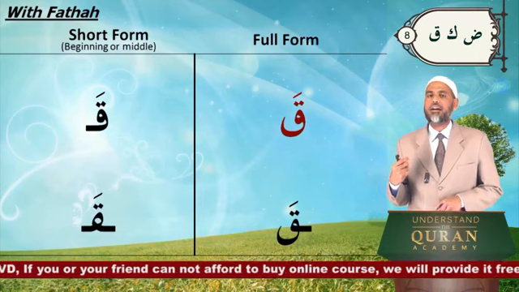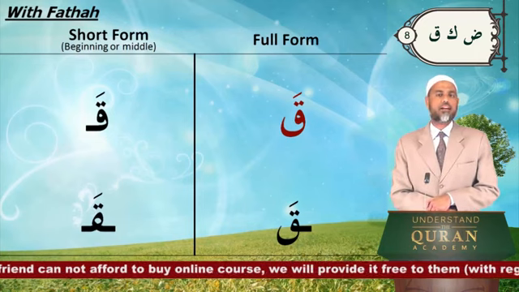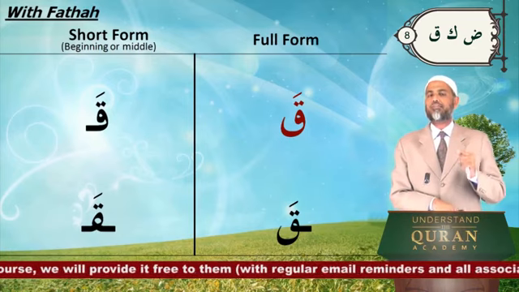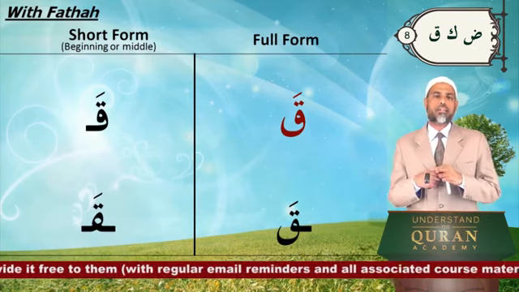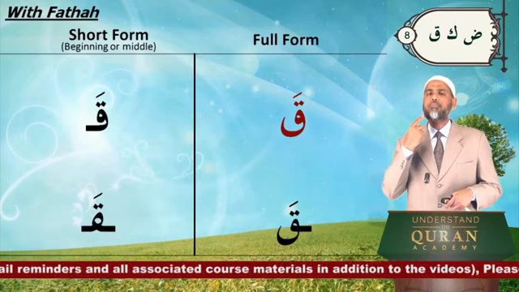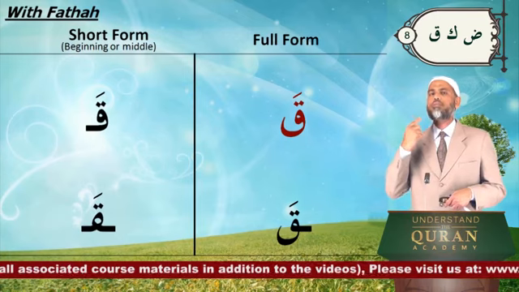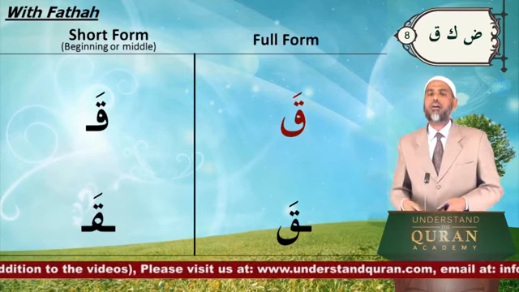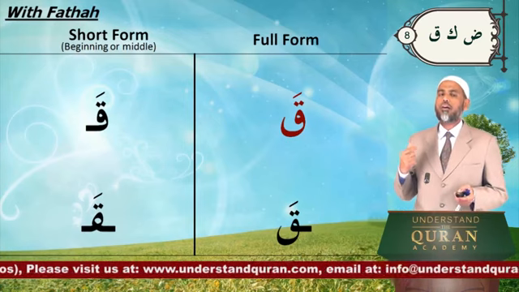Don't say ka and don't say kha. Kha is different, qa is different, ka is different. Please try to repeat and practice it. It is from the inside edge of the tongue touching behind the uvula. Qa, qa, qa.